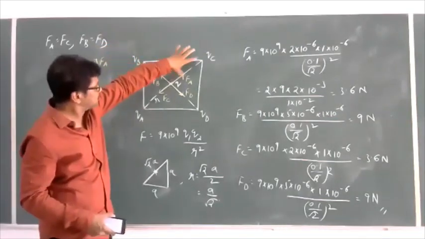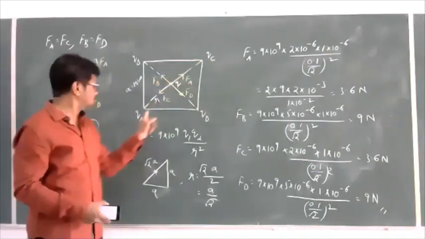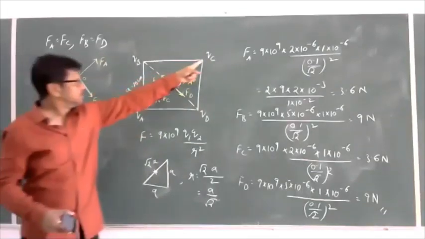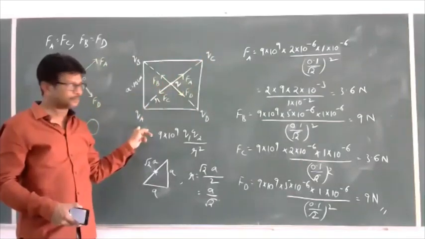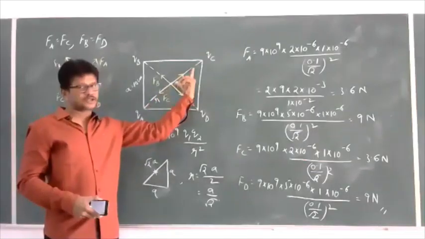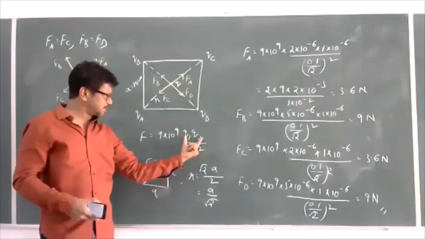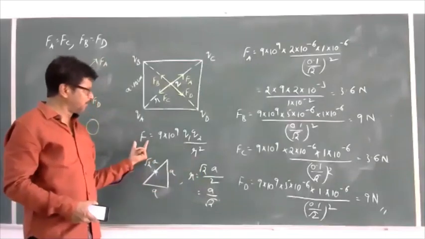Here also the charges are same because QC is equal to QA, either 2 micro. So charges are same and the distance is also same, so the force will also be same.